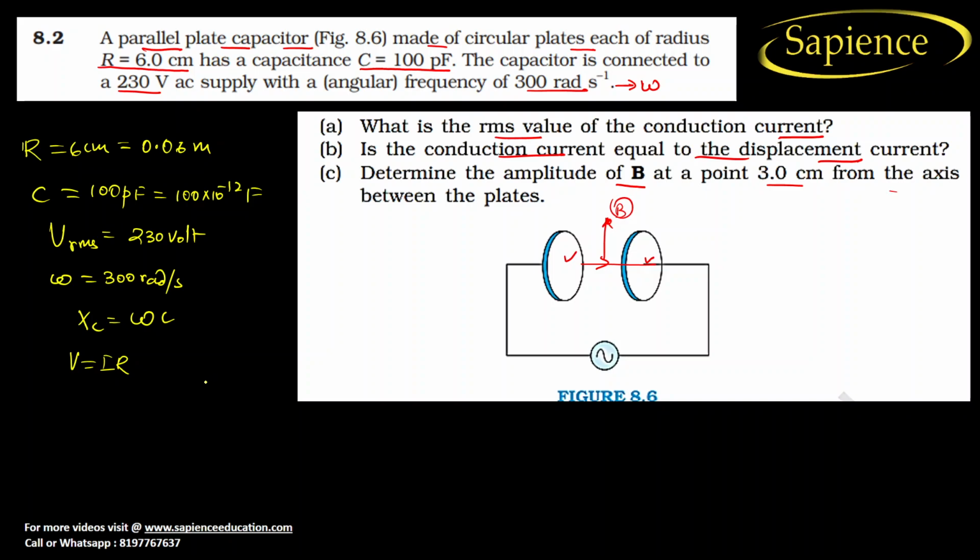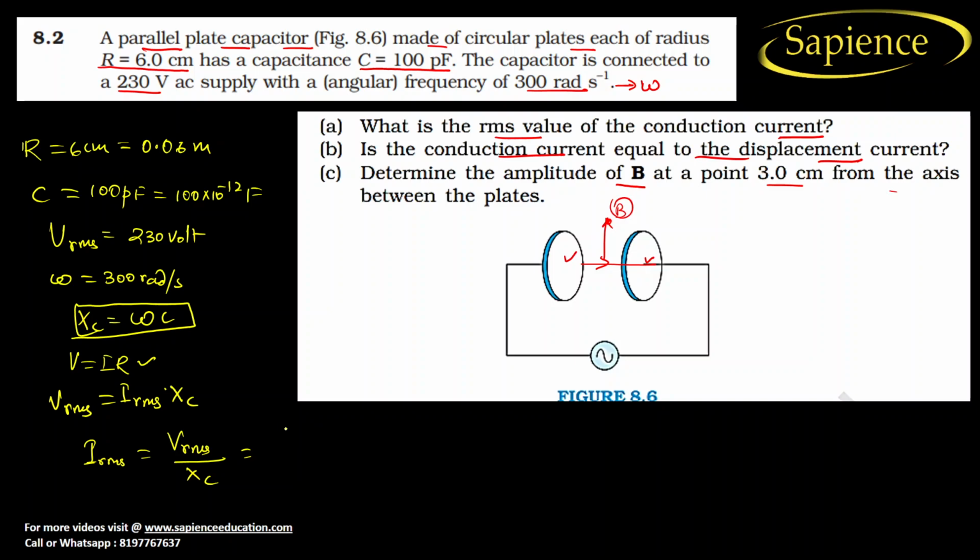So from here we can write, in place of V we will put Vrms, and this is equal to Irms into, in place of resistance, which type of resistance do we have? Xc, that is the capacitive resistance. Again from this we can rearrange the equation so that we can get the result. They are asking for Irms, so from here we can say that Irms is equal to Vrms divided by Xc.